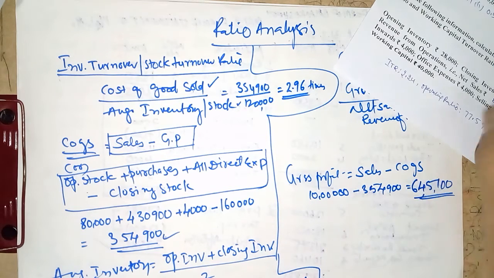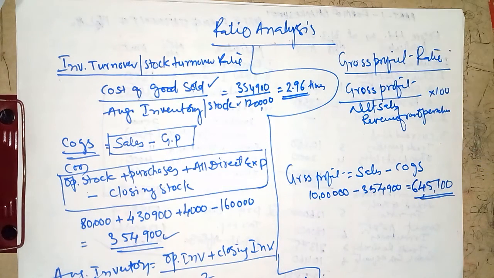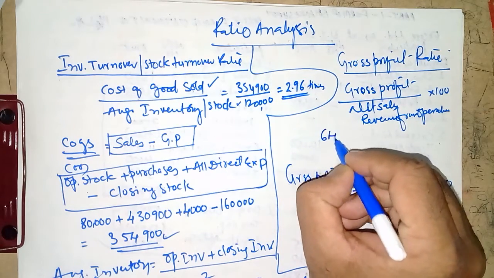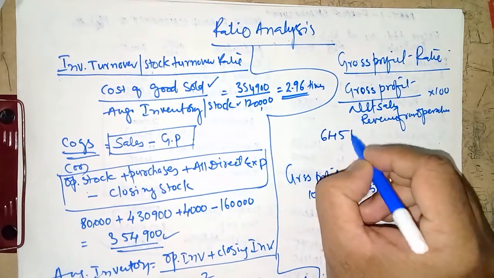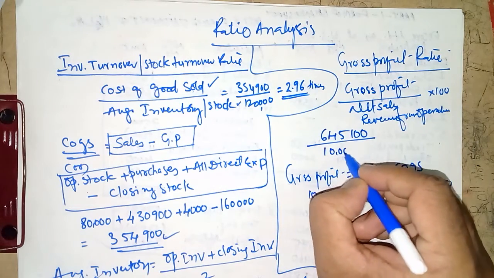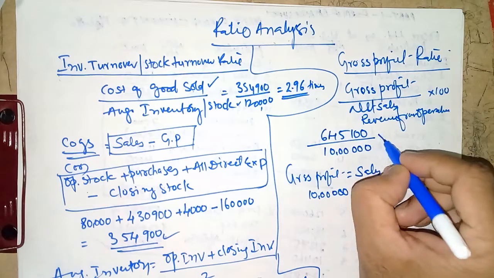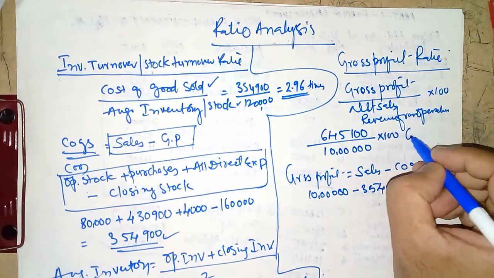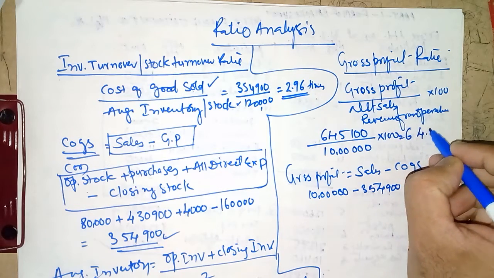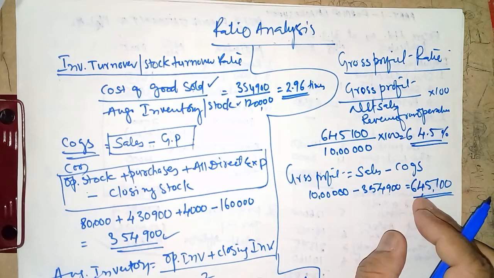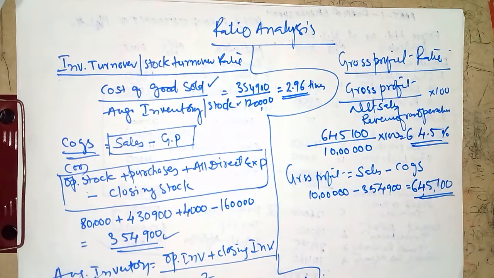Net revenue is directly given in the question, that is 10 lakhs. Then apply the formula: 6,45,100 divided by net sales of 10 lakhs into 100, so it will be 64.5%. So we have calculated our gross profit ratio.